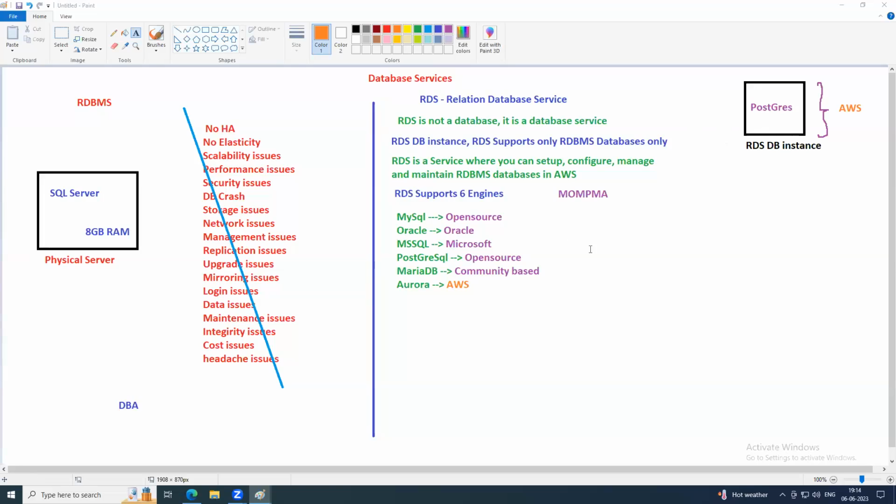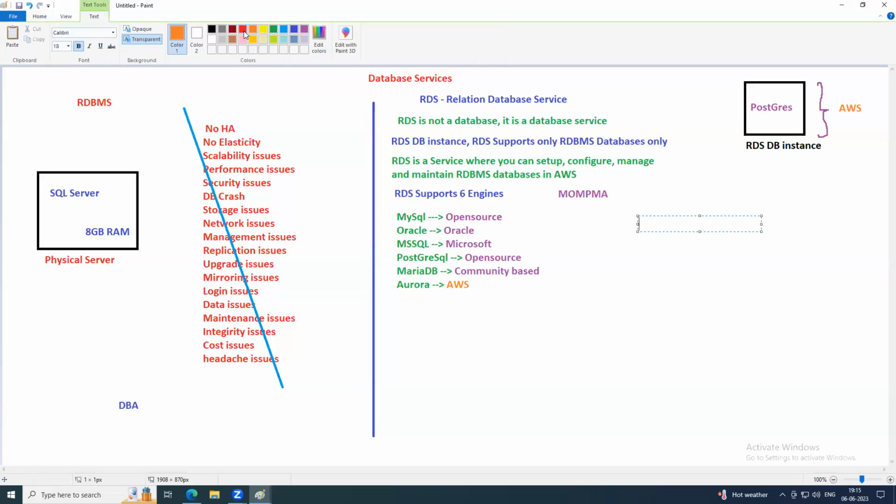Which is the AWS proprietary database engine? Aurora. Say that, not Agora. Aurora. This is also a certification question, guys. Does RDS support RDBMS engines only? Yes, RDBMS engines.